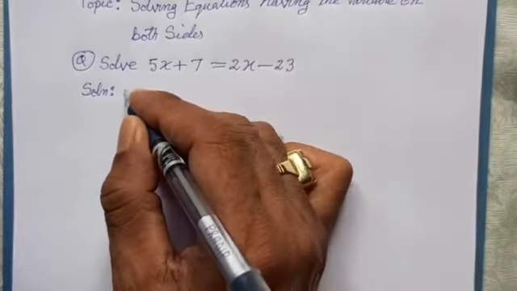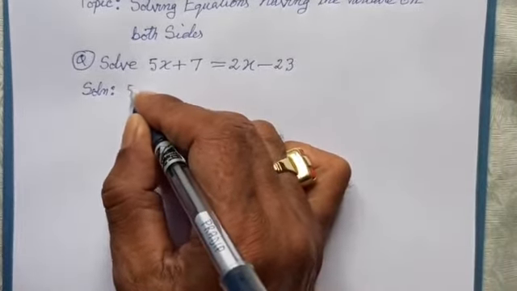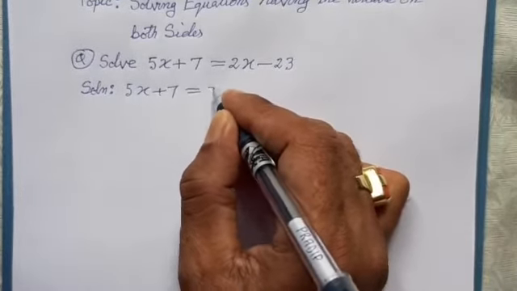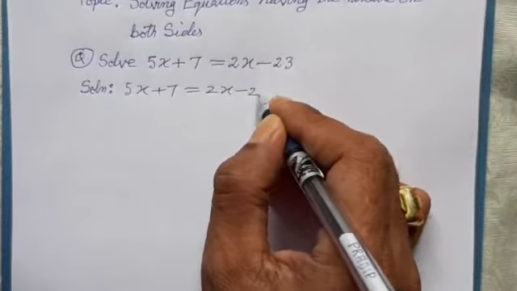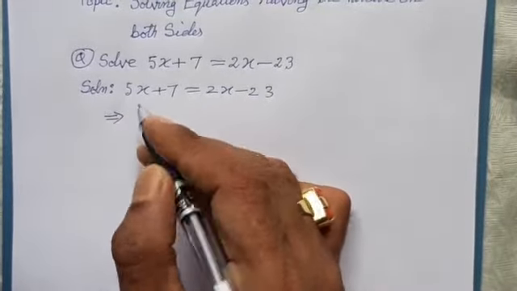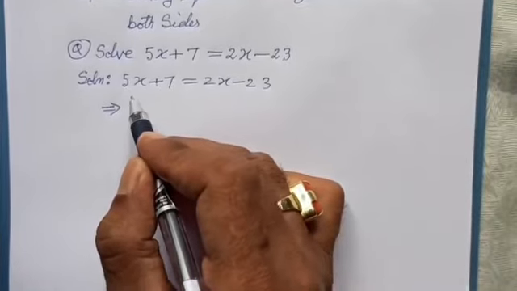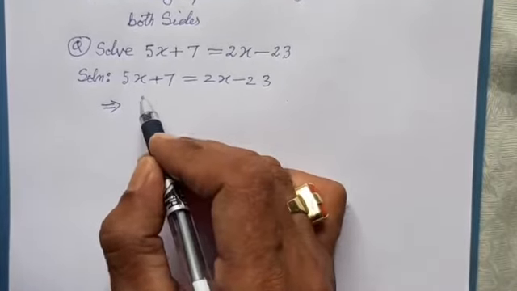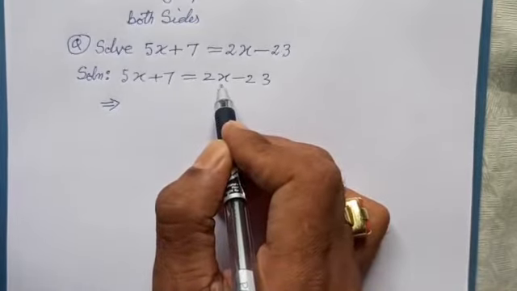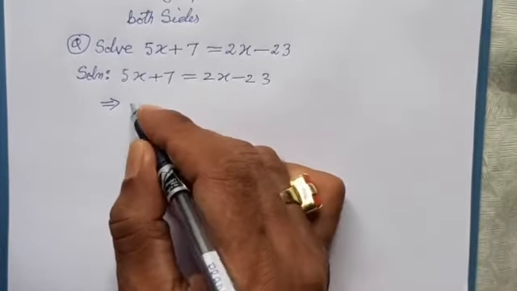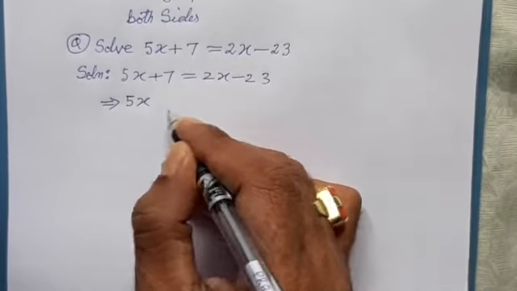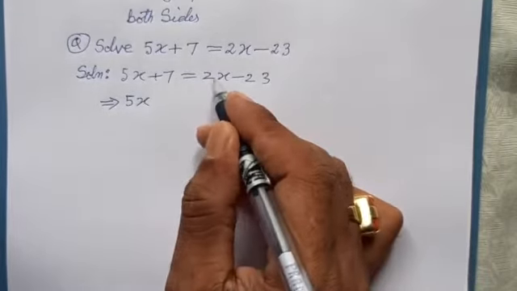Solution. Now the equation is 5x plus 7 is equal to 2x minus 23. Next step. In the first step, we have to bring the two variables to the same side. Here 5x is on the left hand side and 2x is on the right hand side. So both the variables we have to bring to the same side. So 5x keeping as it is. Now 2x is transposing to the left hand side.